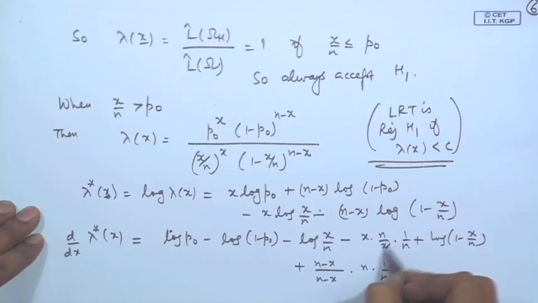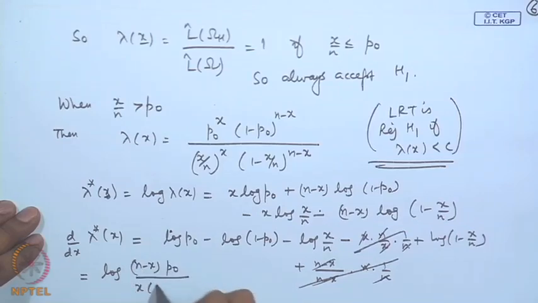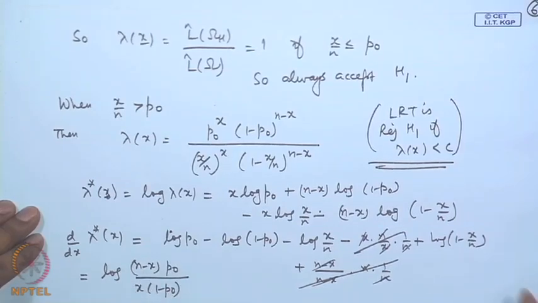So, you can see this term gets cancelled out and this whole thing cancels out. So, we are getting log of n minus x p naught divided by x into 1 minus p naught.